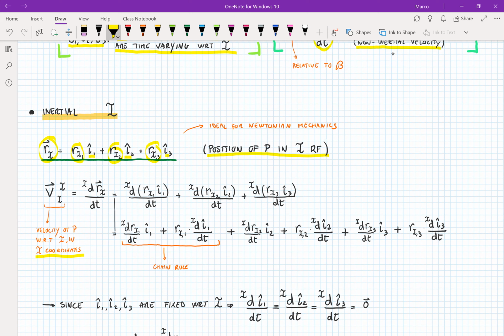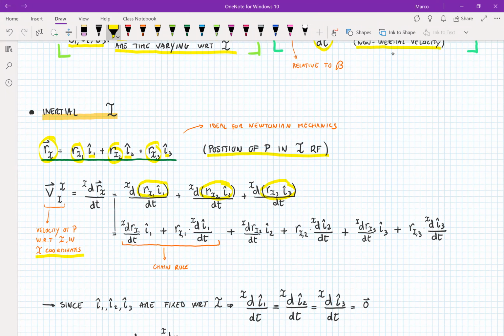So let's take the derivative of the vector. We're going to have the derivative with respect to time of RI1 in the I1 direction, then the derivative of the second component and the third component. Now, what is the derivative of RI1 times the I1 versor? Well, we have to apply the chain rule of derivation.